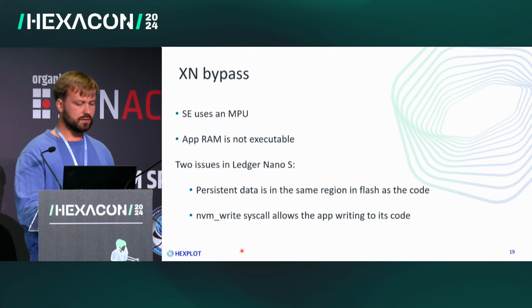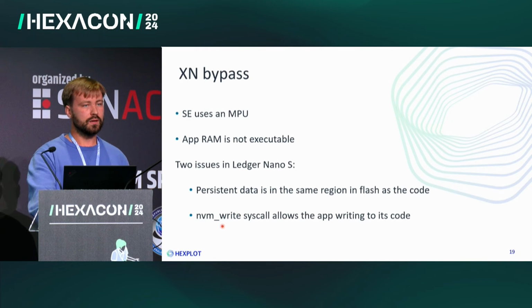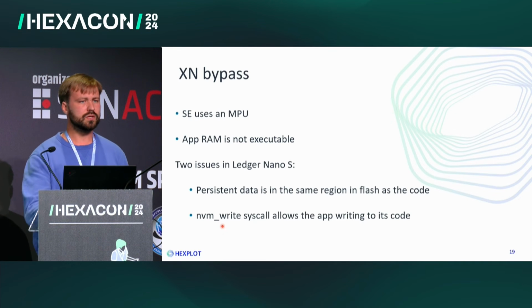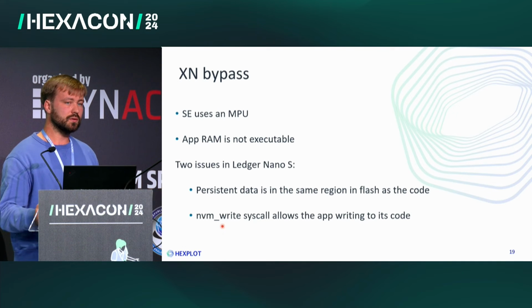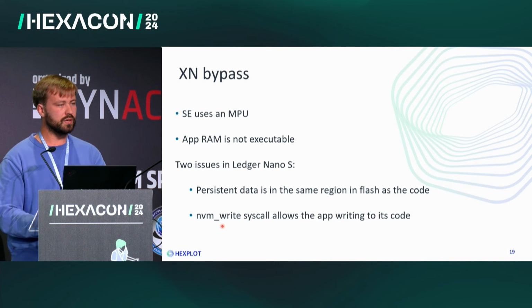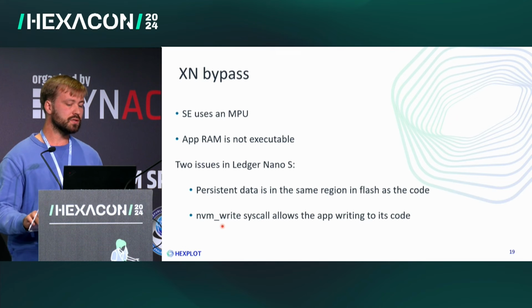There is a second nice thing related to this, which we'll use later: the NVM write syscall does not forbid you from overwriting your own code. In general, maybe you would think it's not a big deal, but for this solution, you are only allowed to load signed applications. You check the signature first, then you do a sort of attestation on every boot.